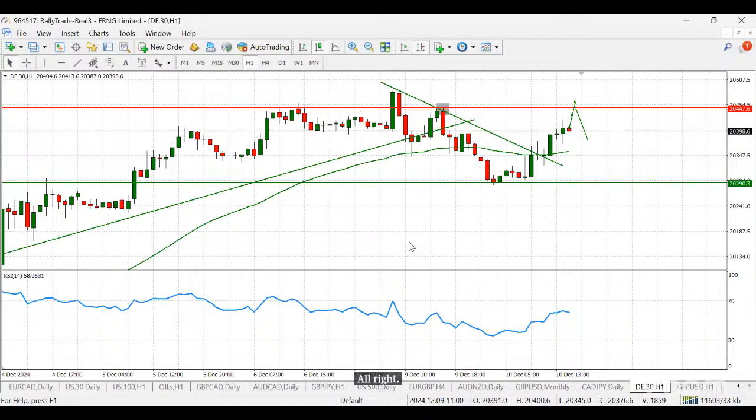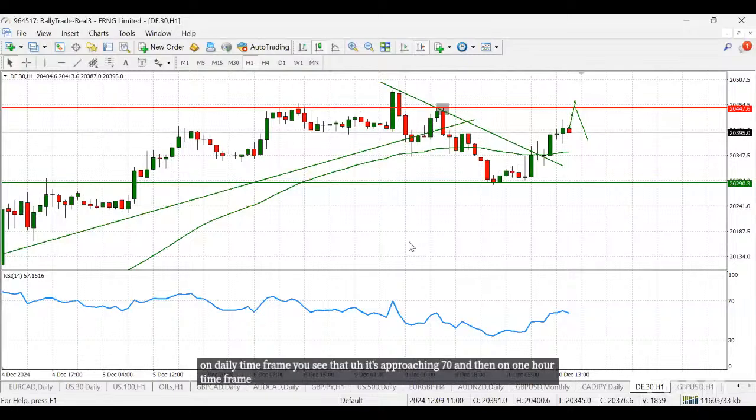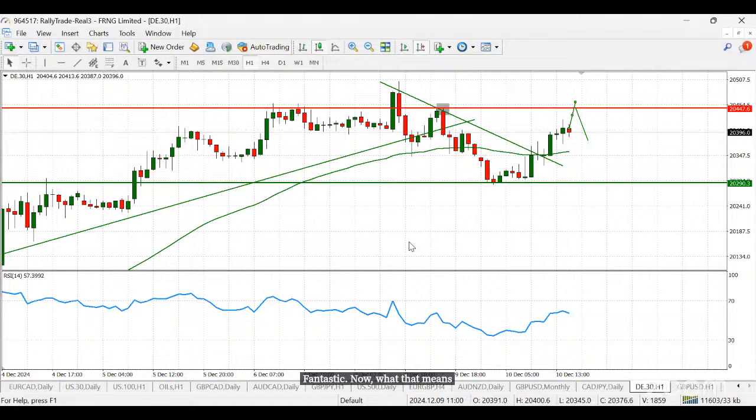On the daily time frame, you see it's approaching 70, and on the 1 hour time frame, it's already above 70. What that means is that the daily time frame is more long term. The higher time frames usually control the lower ones.